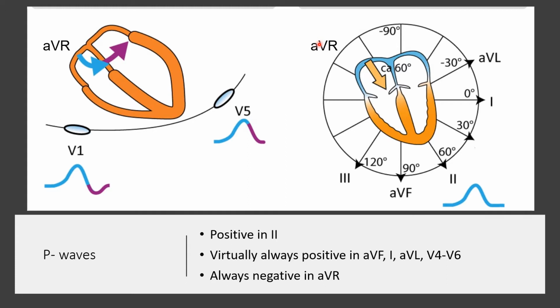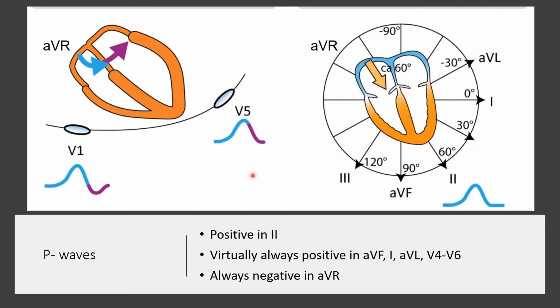Therefore, in those kinds of cases, which is basically right axis deviation and right ventricular hypertrophy, you can see an R wave in AVR, not in the initial portion but the terminal portion of the QRS complex, which means that you're going to see a Q wave followed by an R wave in AVR.